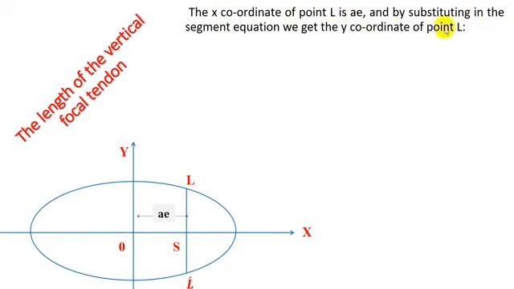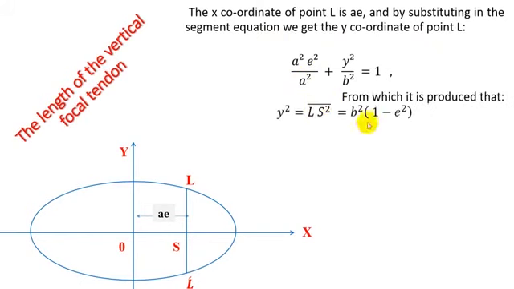By substituting in the ellipse equation we get the Y coordinate of point L. So we remove X and put AE over A, so both of them go out and we get this part from here.